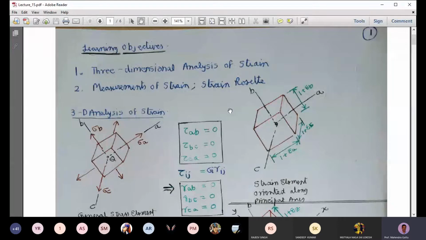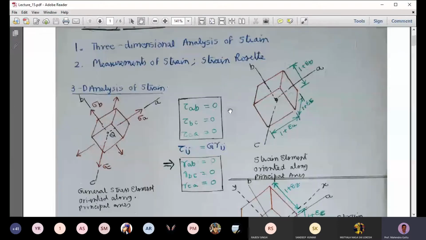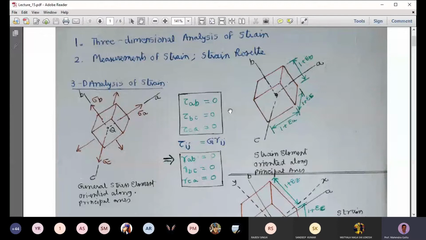This is similar to the 3D analysis of stress. We identified three principal axes, sigma A, sigma B, and sigma C, for the stress element. On all the faces, only normal stresses are acting, and there are no shear stresses on any face.